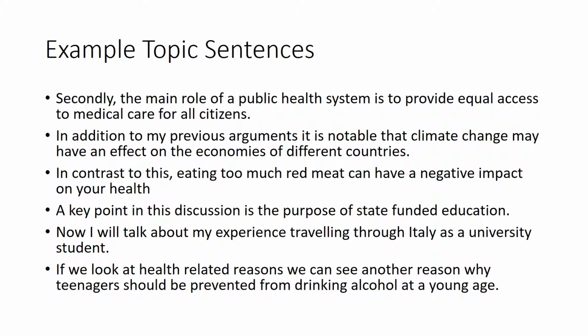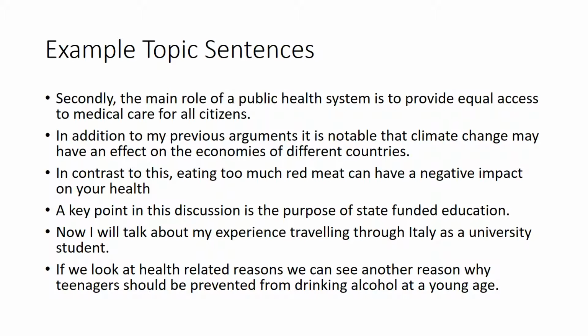Previous paragraphs may have talked about other health-related aspects, maybe. Okay, next one. "In contrast to this, eating too much red meat can have a negative impact on your health." So we're talking about red meat, steak, pork, things like that.